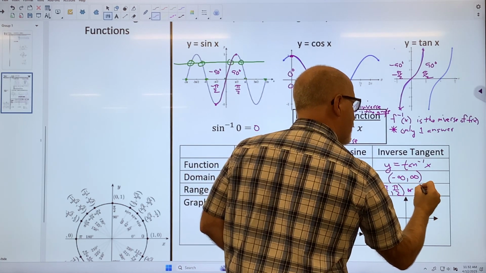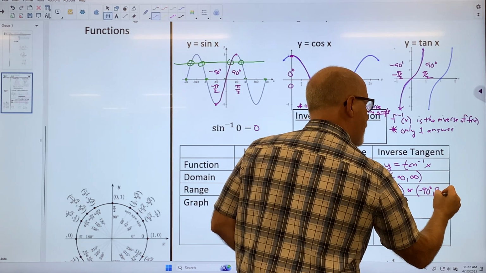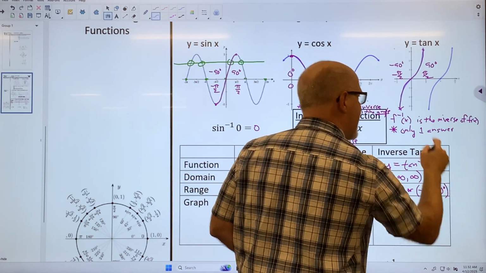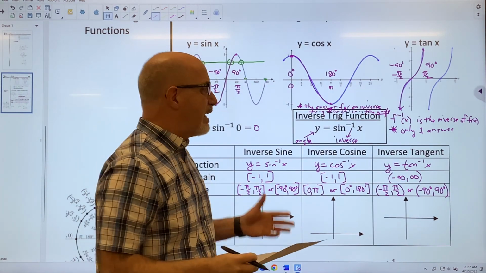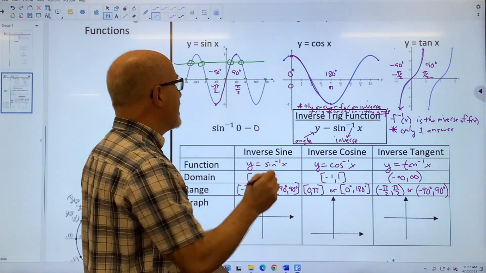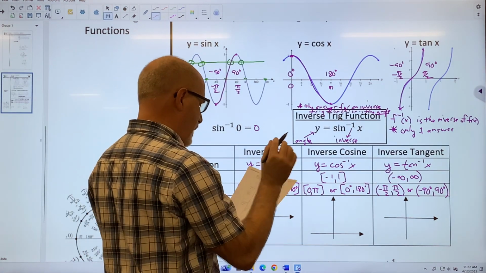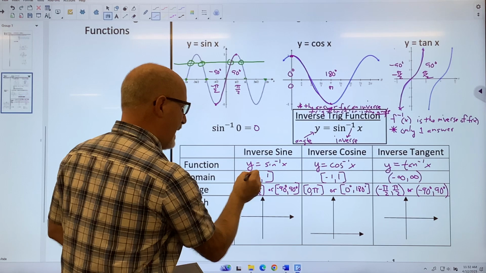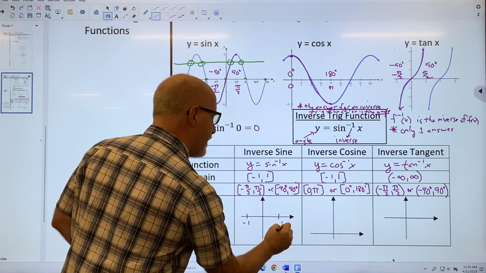Or if I do it in degrees, I never get to -90 degrees or 90 degrees because there's an asymptote there on the original x. Now flipping these over when it comes to the points, notice I'm going to take this point here. When I look at my domain, notice my domain goes from -1 to 1.